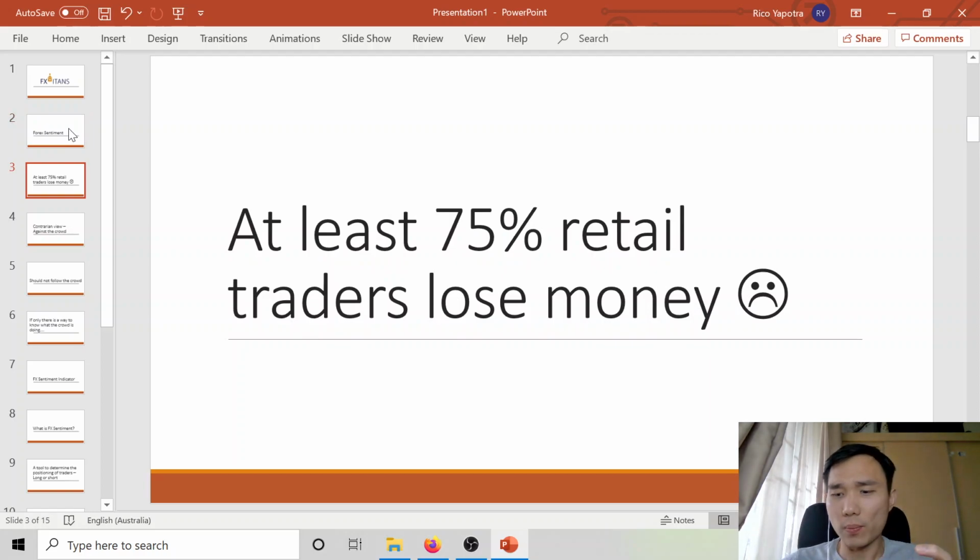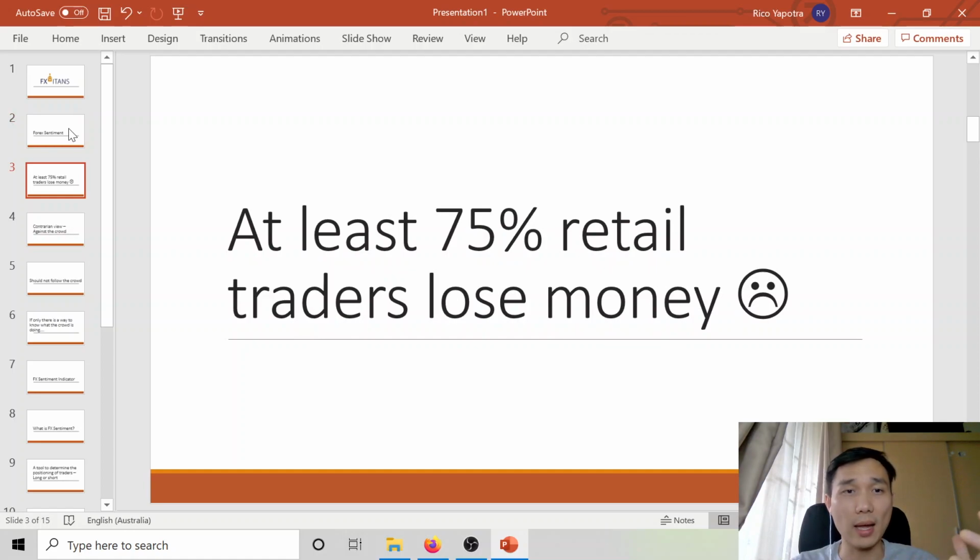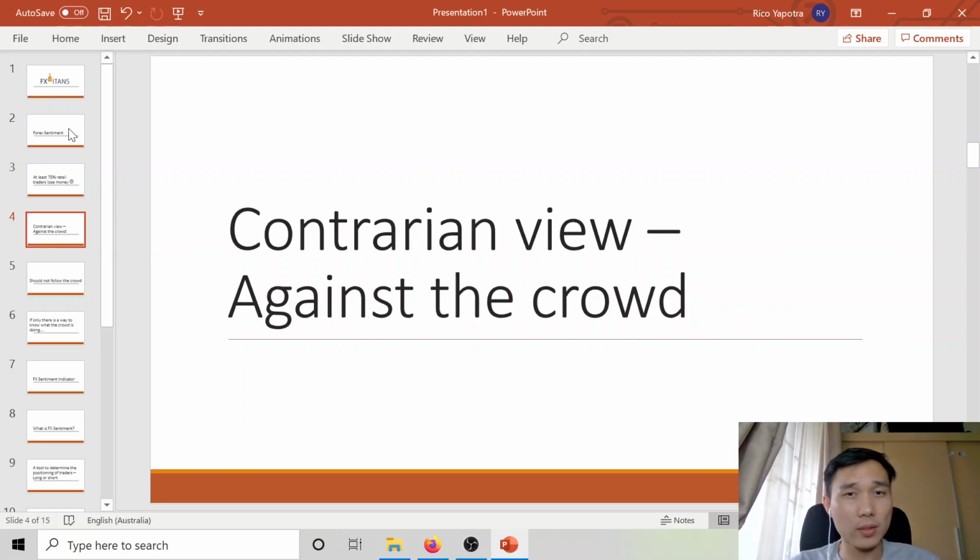If you talk about forex sentiment, this is based on the fact that, you know the stats, right? At least 75% of retail traders lose money, and this is actually a really scary stat. Based on this fact, 75% is the majority of traders, so we shouldn't follow them.